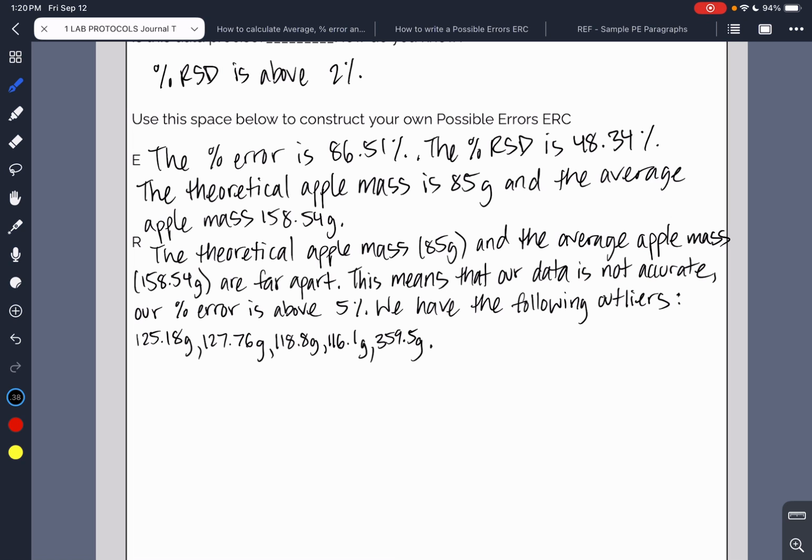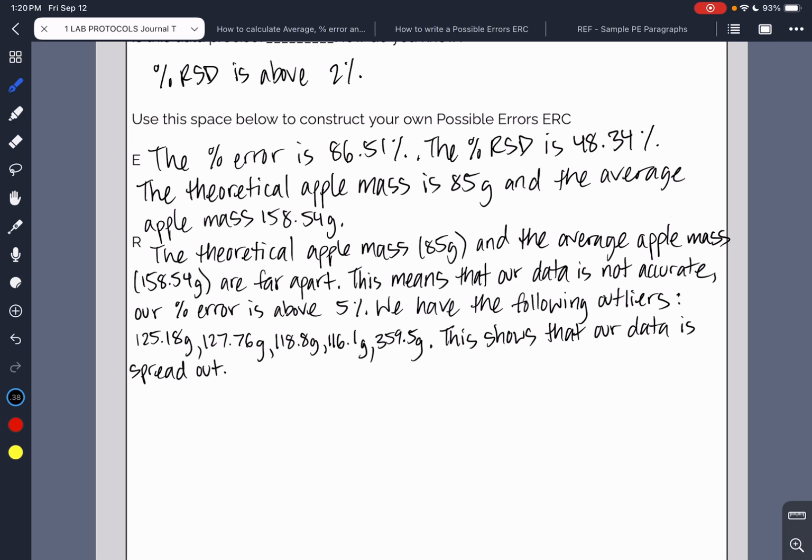So this is showing how spread out our data is. This shows that our data is spread out. And what this means is that our data is not precise.